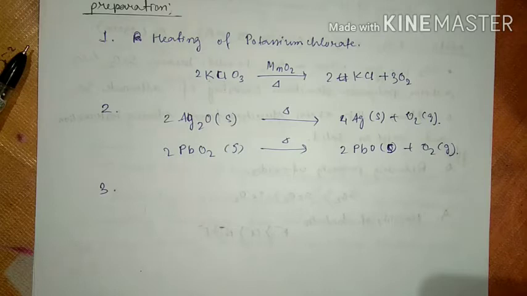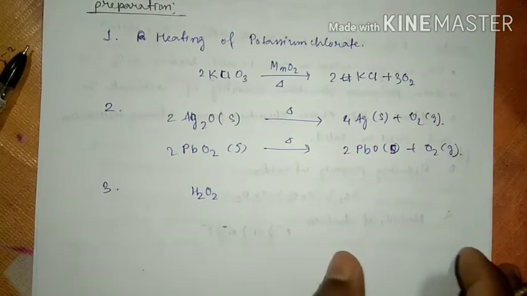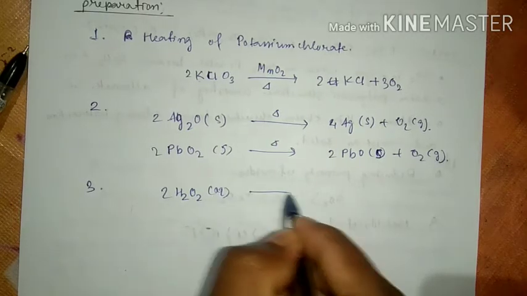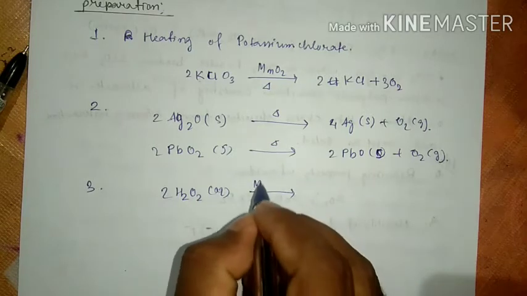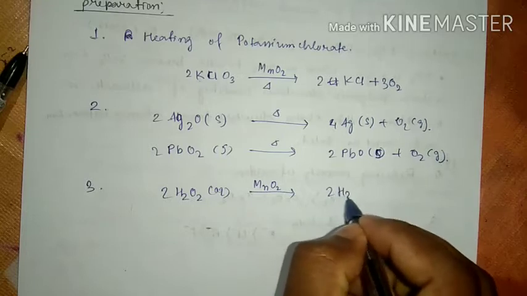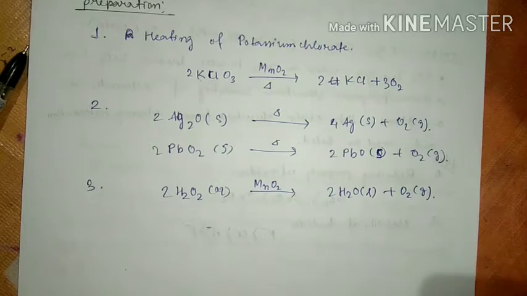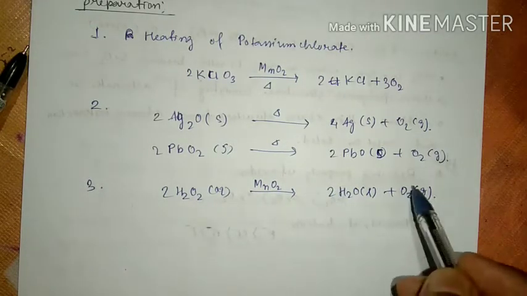The third preparation method is the decomposition of hydrogen peroxide. When hydrogen peroxide decomposes in the presence of a catalyst, manganese dioxide, that means MnO2, we obtain 2 moles of H2O liquid plus O2 gas, okay. These are the preparation methods of oxygen.